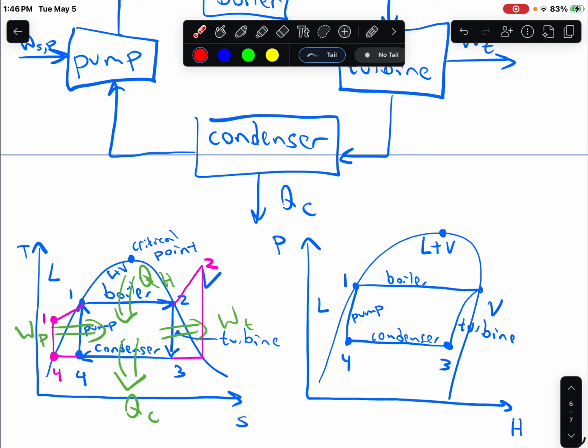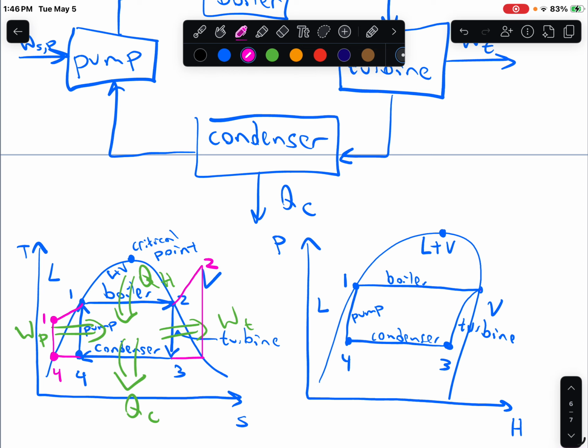Now, let's see how we can change the diagram in the pressure enthalpy direction, right? So the boiler operates at constant pressure, so that's actually going to bring us here. So our new point 2, which I apparently never labeled before, this was point 2, is at the same pressure but a higher enthalpy.